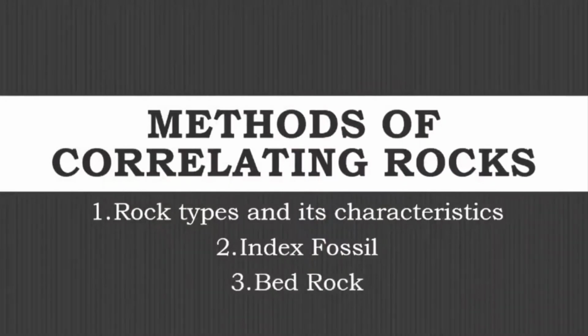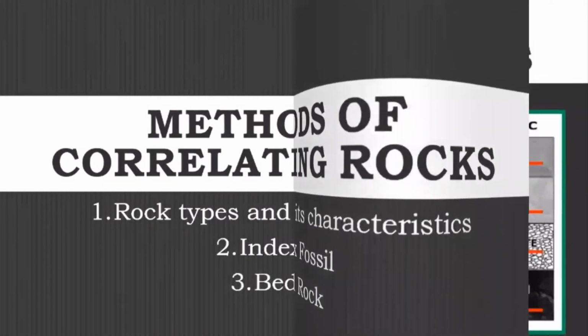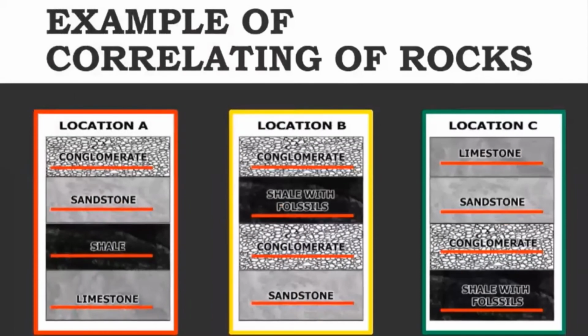There are methods of correlating rocks: rock types and their characteristics, the index fossils, and the bedrock. So an example of correlation of rocks is shown in the picture, by determining the location and the types of minerals on the rock, and matching them.